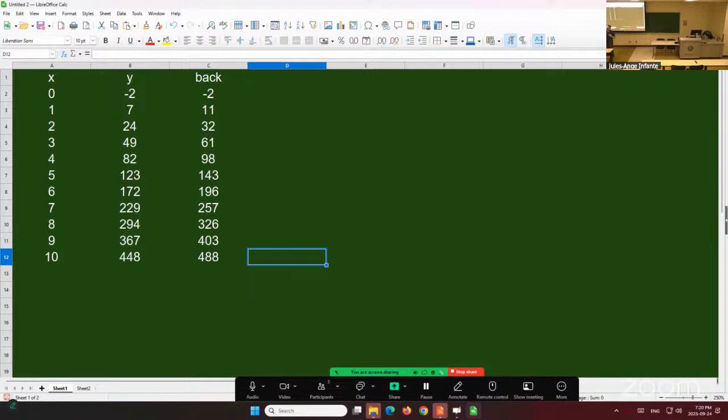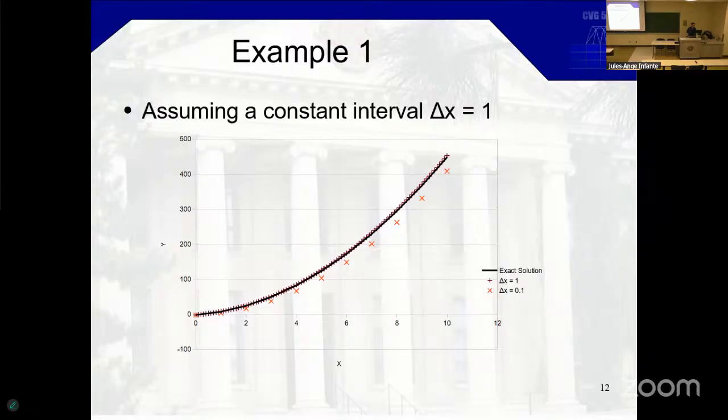X is my domain from 0 to 10. That is the geometry. It determines it. Forward difference would be, I mean, you'd have to set up your relationship between each point, right? And so depending on how you started or where you start from is how you would know it. Okay.